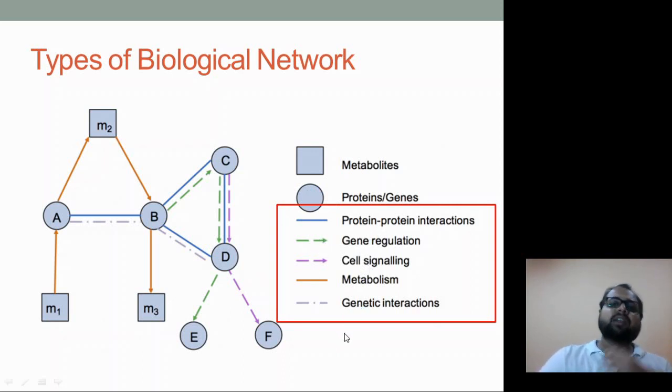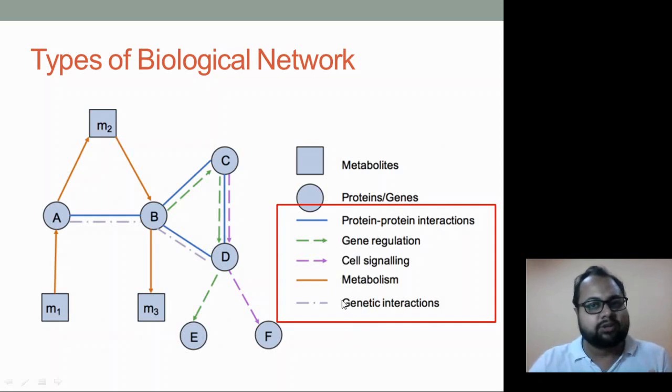If you're talking about genetic interaction, your representation should be like this. If you're talking about protein-protein interaction, your representation should be like this. And this is how the representation is also shown in the most popular network databases, KEGG, for example, which I just mentioned. So these are the various types of biological networks.